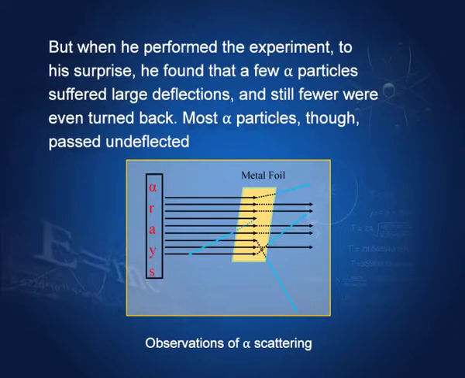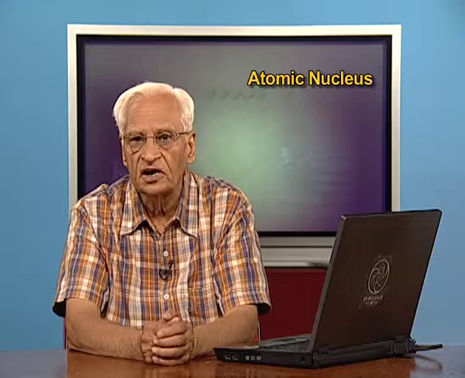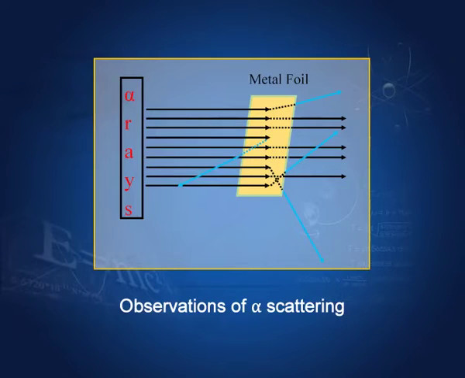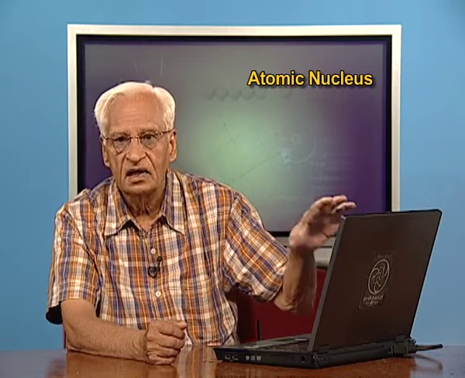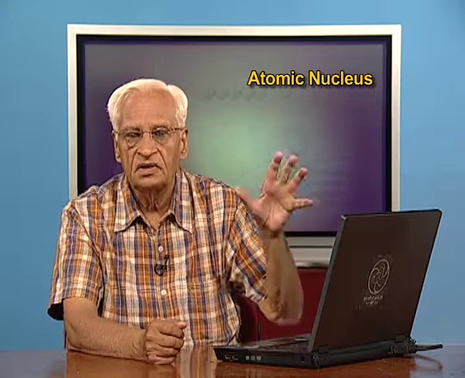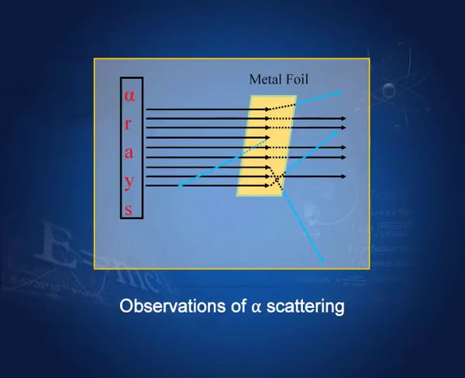That is what he thought, but when he performed this experiment, that is, he shot alpha rays on a metal foil, he found to his surprise that some of the alpha rays suffered large deflections, some of them were even reflected backwards. So, that gave him the idea that the atom is mostly vacuum, mostly empty, so that most of the alpha rays can go through it.